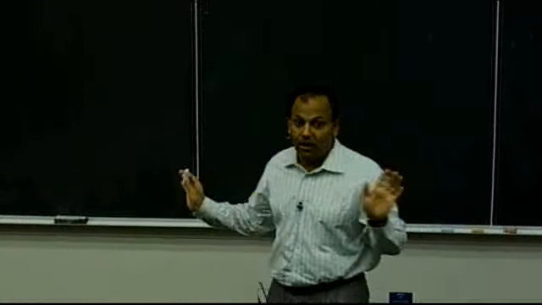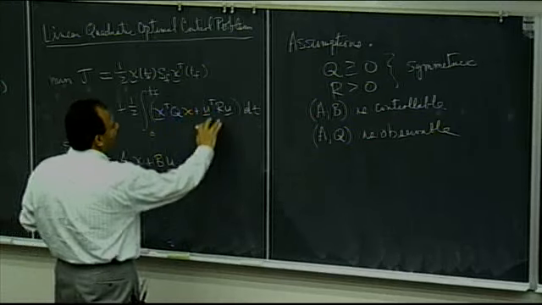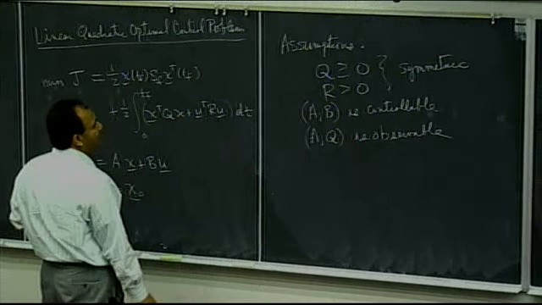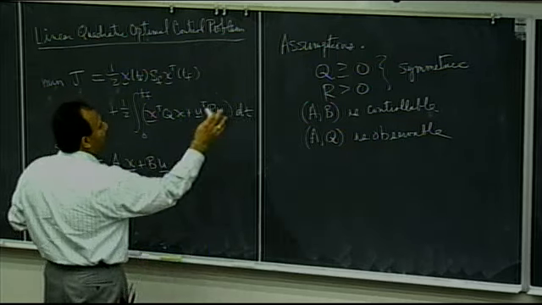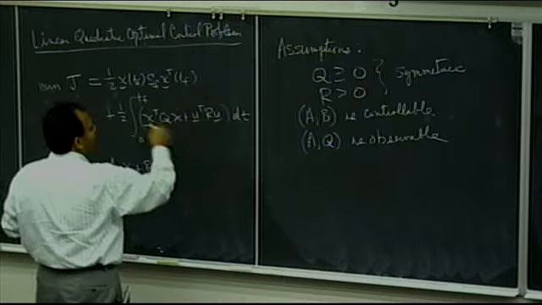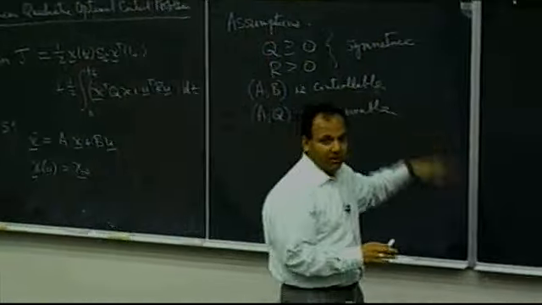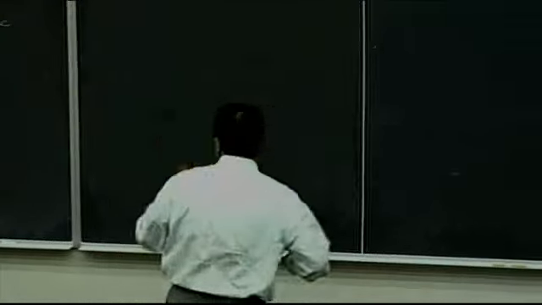So there's no way that you can guarantee that this thing's going to be positive if Q is not positive semi-definite. So that's why that's in there. The reason that R is chosen to be positive definite is because if it's not, or worse yet, if it's not invertible, then you wind up with an undefined feedback law, as we'll actually see when we get through all this stuff. So that's why that assumption is in there.